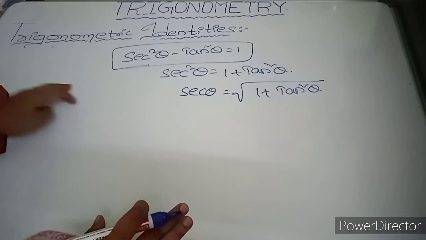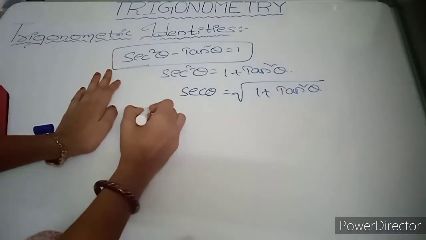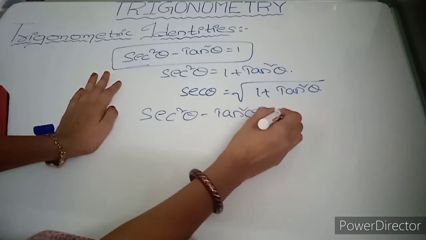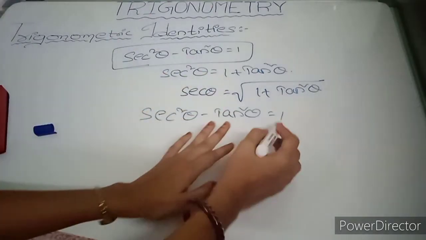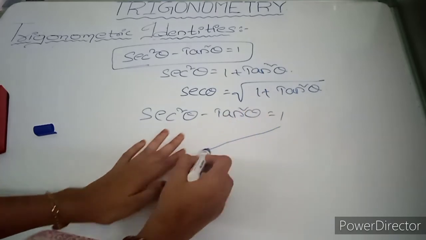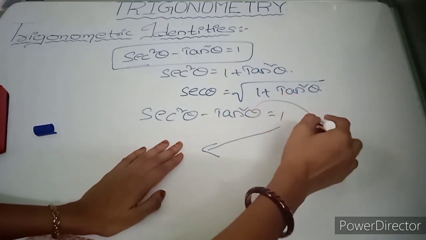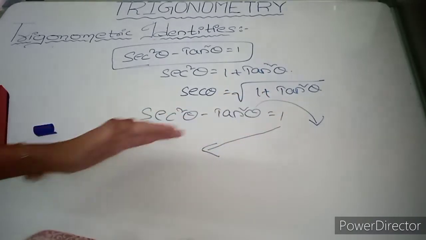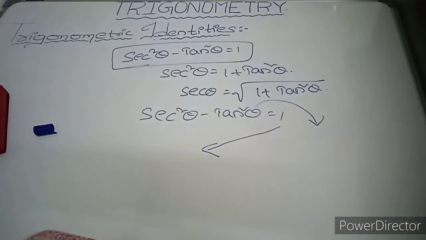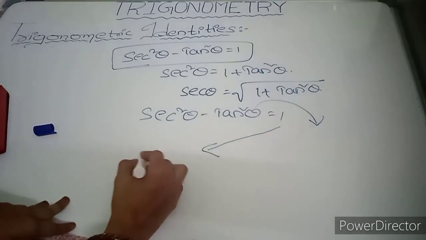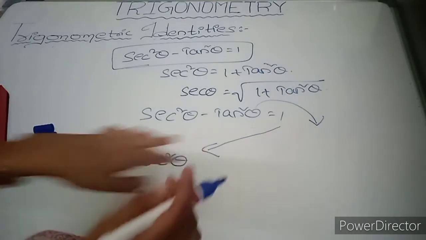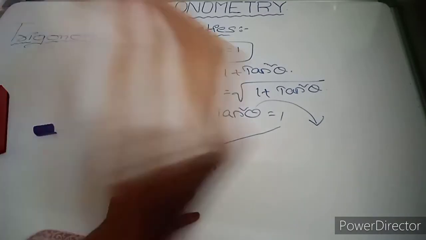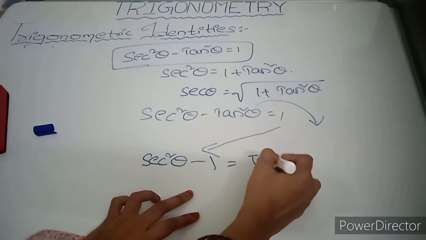And next one is, secant square theta minus tan square theta is equal to 1. Yes? What I am going to do is shift this 1 to this side and tan square theta to the right side. It can be written as secant square theta minus 1 is equal to tan square theta.